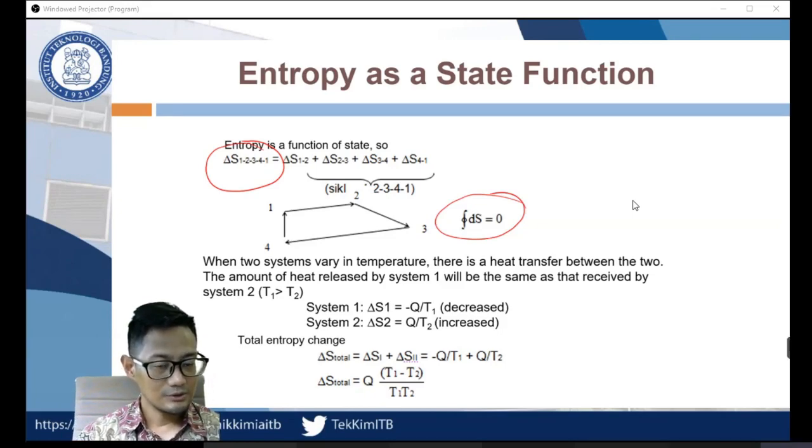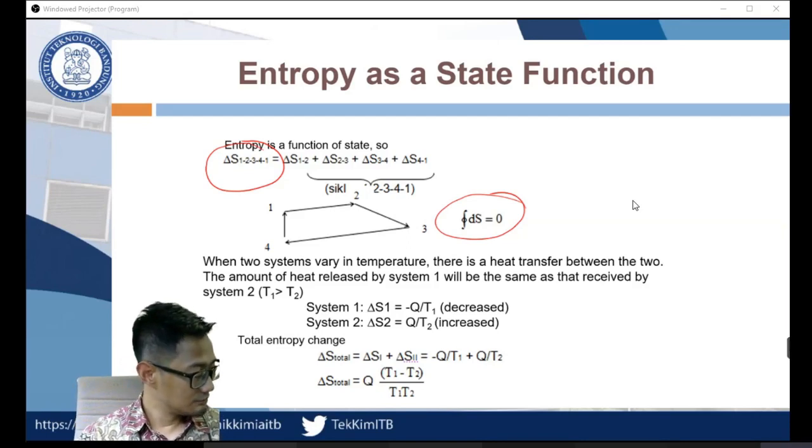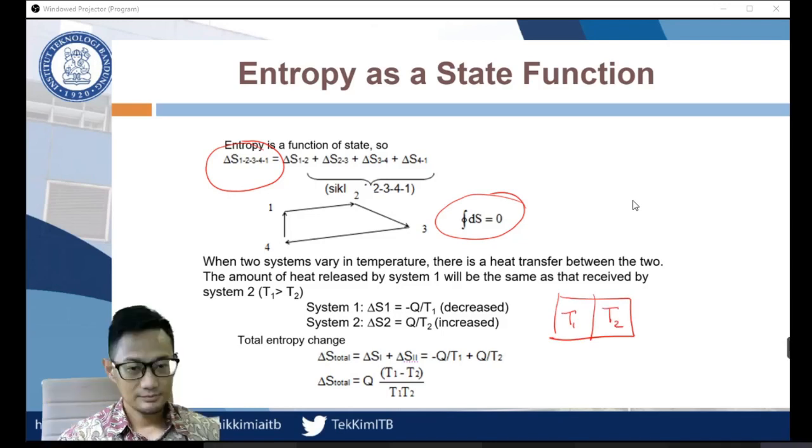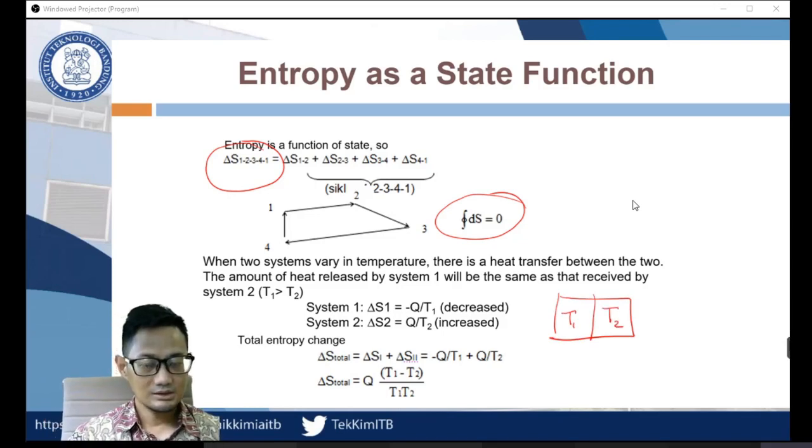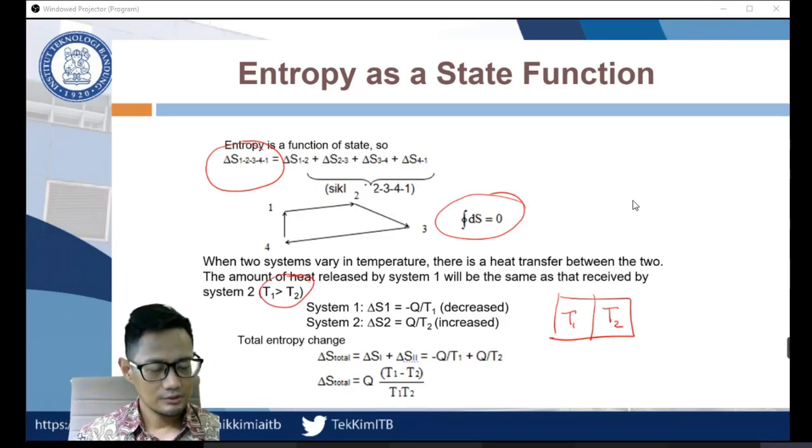The other one that's also important is, let's say there are two systems with different temperatures. One is T1, the other one is T2, like this. The state is T1 higher than T2. The temperature of the system on the left, the first system, is higher than the temperature on the right. So what happens now with entropy?